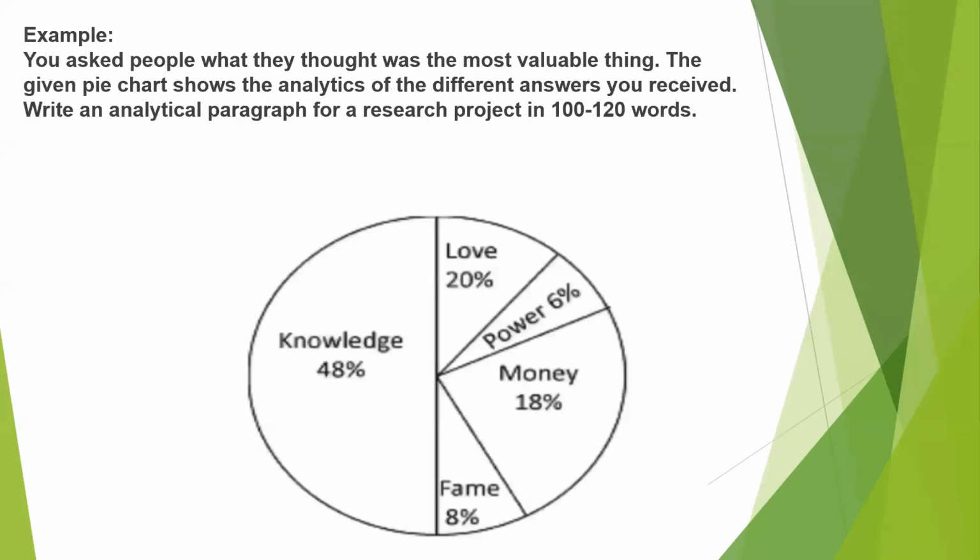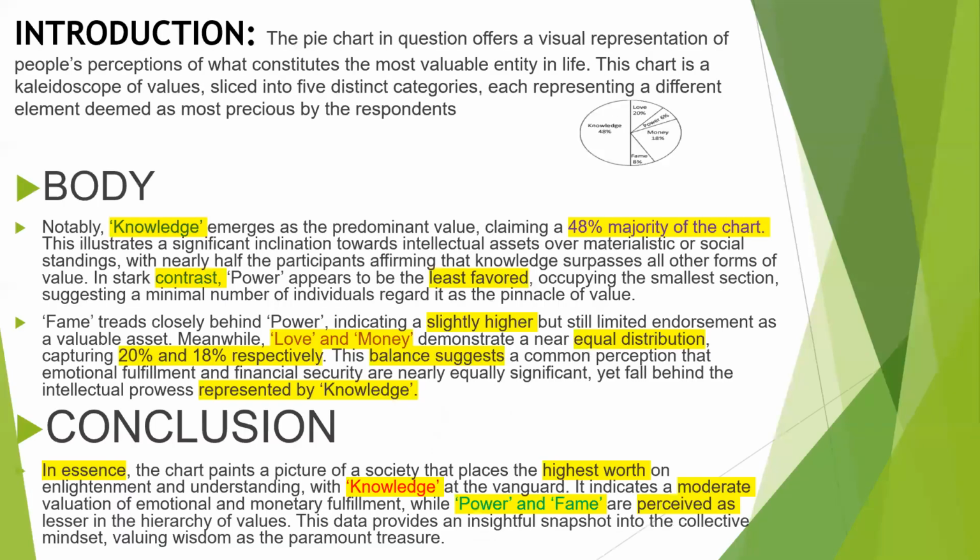Now let's see an example. Here is a small question: you asked people what they thought about the valuable things in nature. The given pie chart shows the answers that you have received. Write an analytical paragraph for a research project in 100 to 120 words.